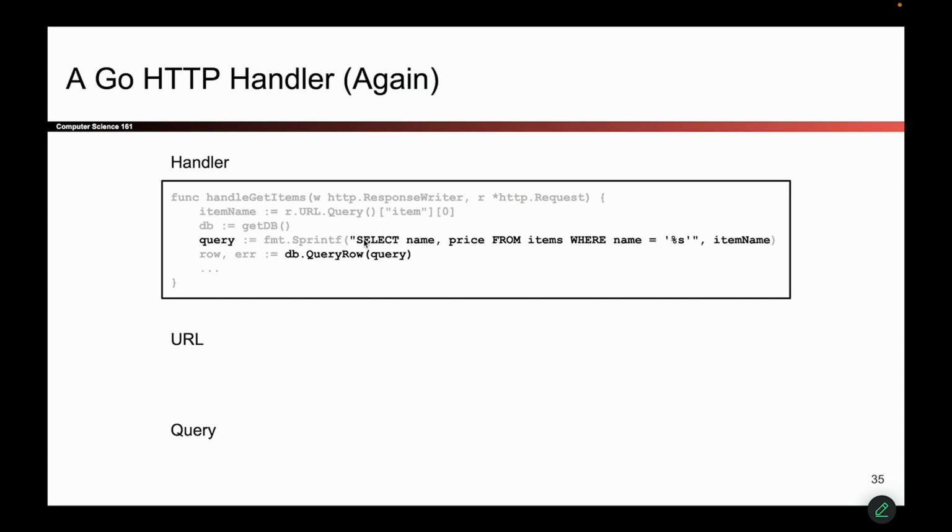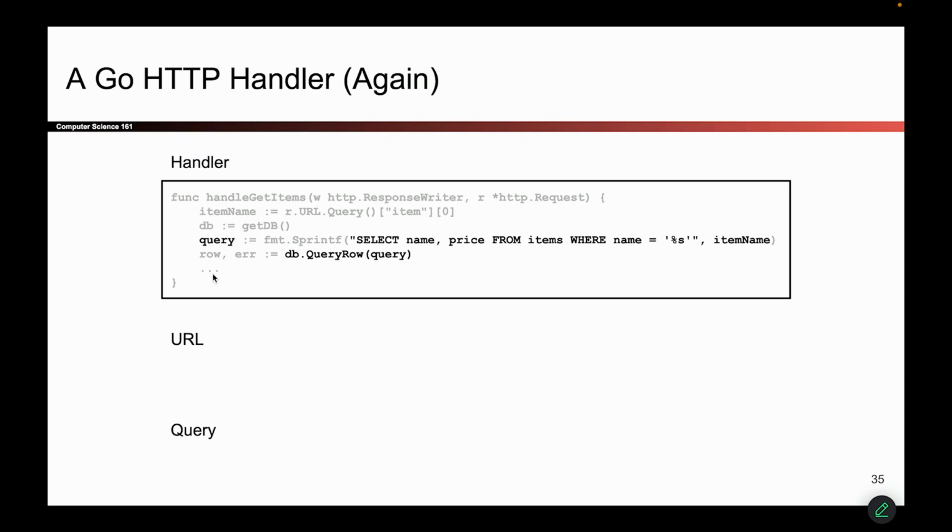And we will ask the database to select the name and the price from a table where the name is equal to the item that the user asked for. So this is some sort of SQL lookup where the user asks for an item, and we will return the price of that item based on what they searched for.